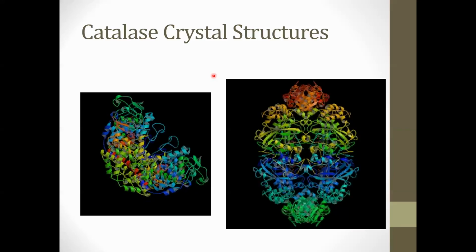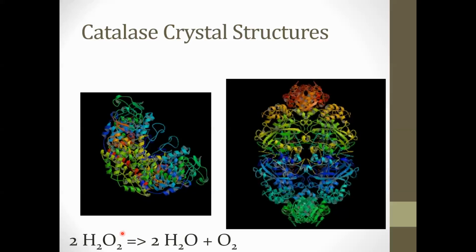Catalase, the enzyme that we're looking at this week, has a very complex structure. We can see it here, lots of alpha helices and perhaps a beta pleated sheet or two in there somewhere. Quite a complex structure, and here is the active site. The reaction that this enzyme catalyzes is two hydrogen peroxides will be catalyzed to break down.